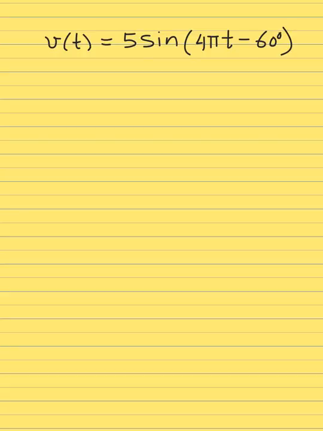In this example, we have a sinusoidal signal given to us as v of t equals 5 sine of 4 pi t minus 60 degrees, and we need to do a few things with it. The first thing, we need to calculate its amplitude.